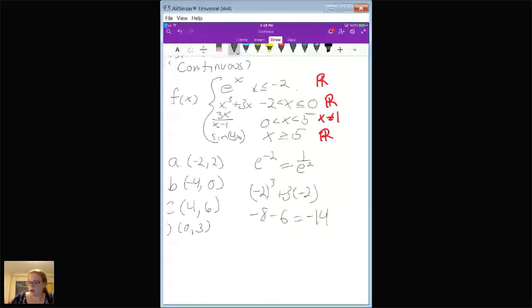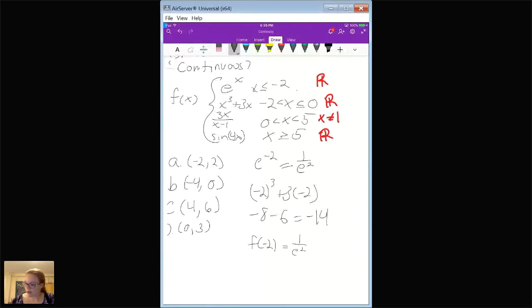No. Okay, good. So one way we know is that 1 over e squared is never going to be negative. There's no way that can be negative, so there's no way it's ever going to be -14. One thing I want to make sure to clarify here is that f of -2 is one value. F of -2 is 1 over e squared.